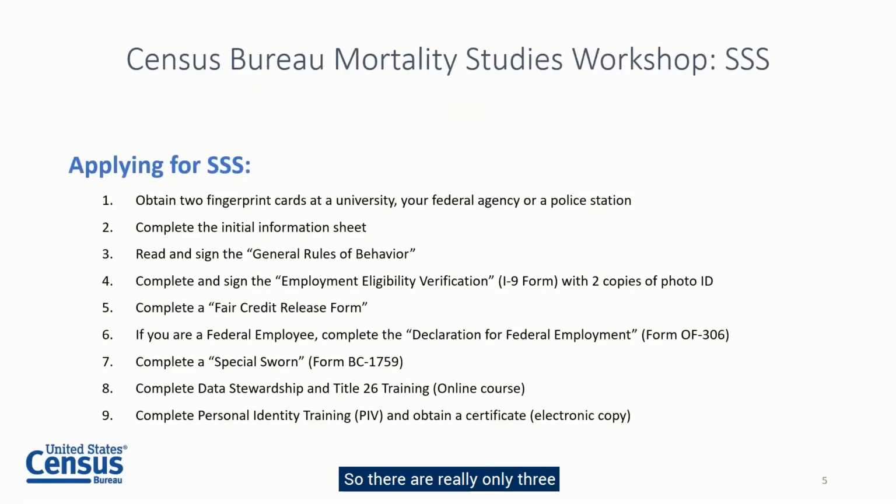So there are really only 3 pieces: getting fingerprints, participating in training of both data stewardship and Title 26, these are online courses, and completing the personal identity verification training, PIV, and obtaining a certificate for that.